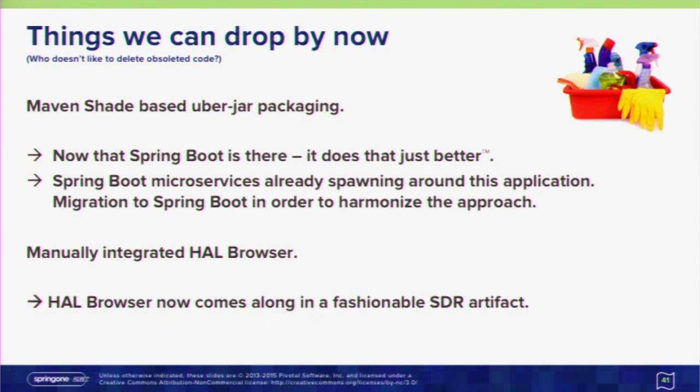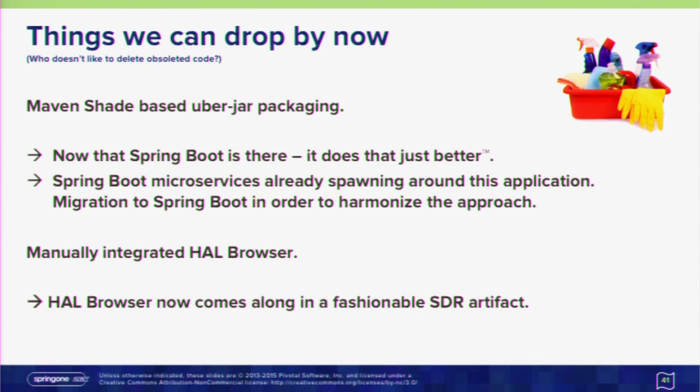There are some things that we can drop from our application, and who doesn't like to delete code? It is really nice to delete obsolete code. We had that self-contained jar topic. We made that possible with Maven Shade and made an Uber jar packaging. Now that Spring Boot is there, I think it does that just better.